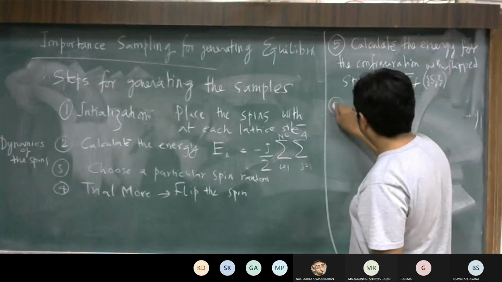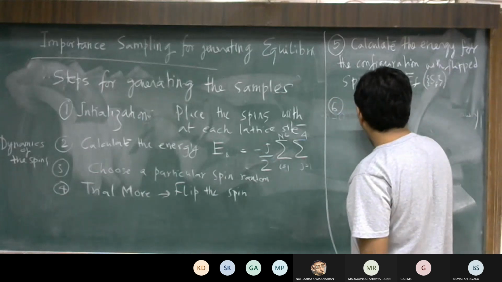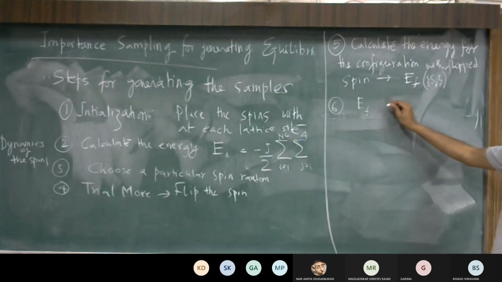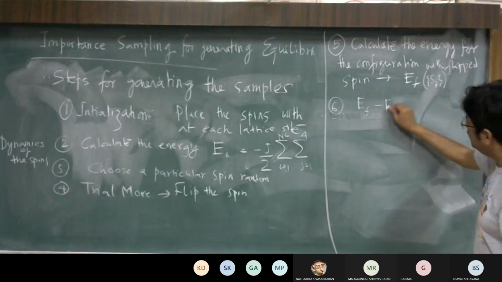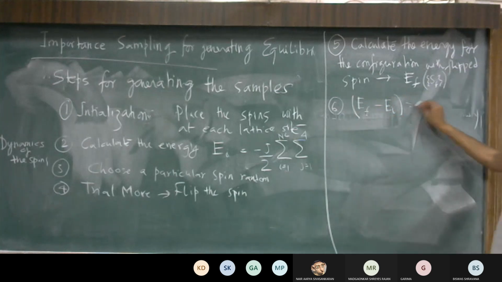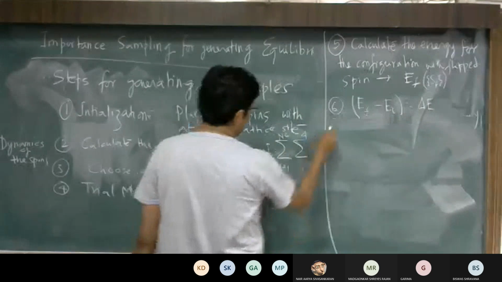Then you calculate this energy difference. That means if this is the final energy after flipping the spin, you subtract the initial energy of the system before the flipping has happened, and so you calculate this quantity delta E, which is the energy difference between these two configurations.